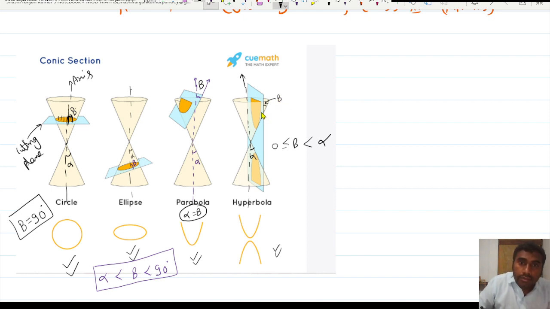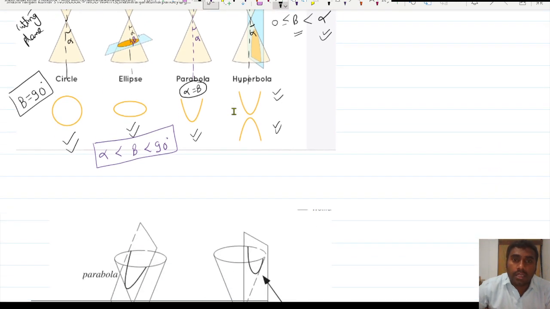So if beta is smaller than alpha, if alpha is greater, then it will form a hyperbola. This is how the hyperbola, parabola, ellipse and circle form in the conic section.